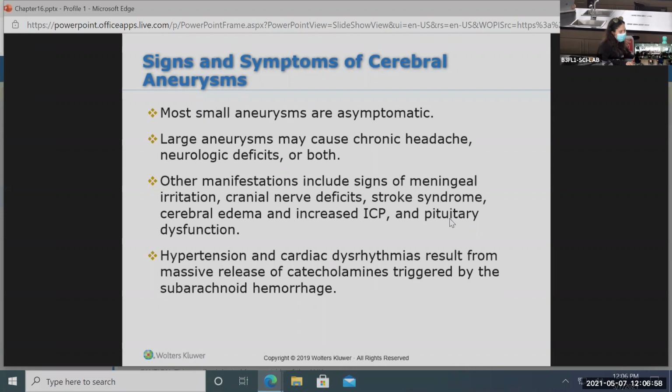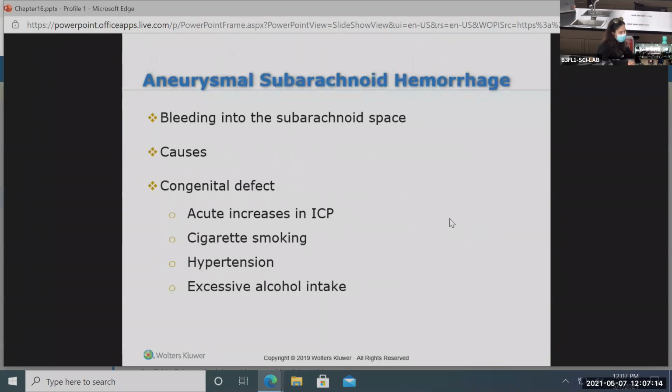The patient might have a history of hypertension. The patient might have a history of irregular heartbeat, resulting from massive release of catecholamines triggered by subarachnoid hemorrhage. Now, aneurysmal subarachnoid hemorrhage is bleeding into the subarachnoid space. It's not subdural, it is subarachnoid.